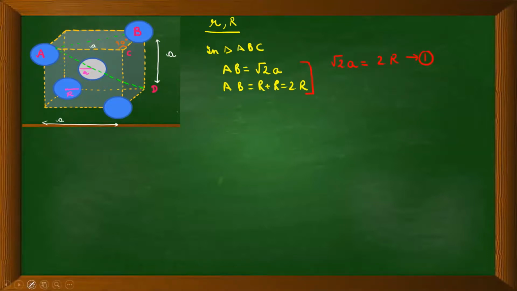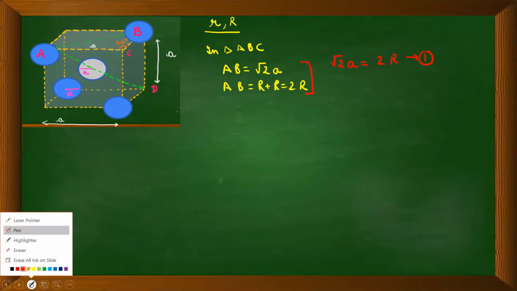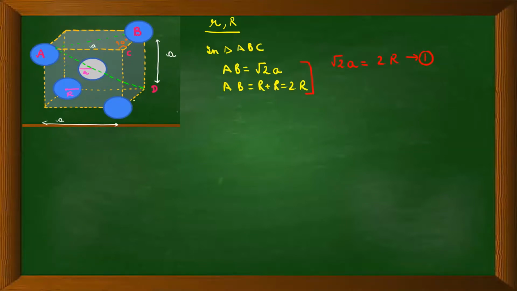Okay. Now there is another right angle triangle which is this triangle ABD, and in triangle ABD this AD is the body diagonal, और body diagonal की वैल्यू होती है √3a, where a is the side of cube.